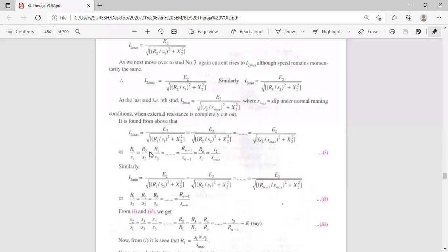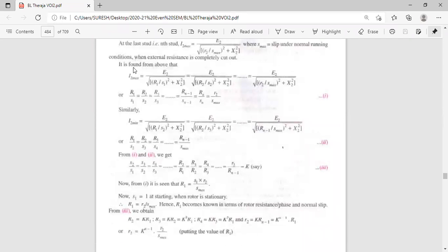What is the difference between this equation and this equation? In the first I2 max equation, the suffix is same: 1 and 1, 2, 2, 3, 3, n, n, n minus 1, n minus 1. Last step is R2 by S max.